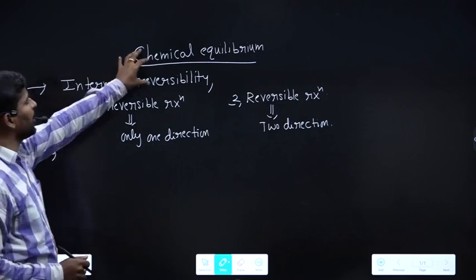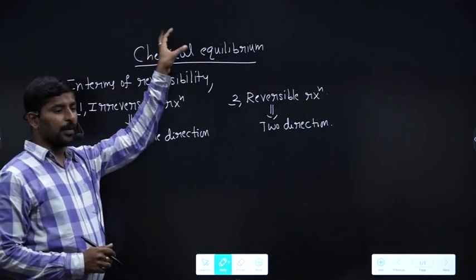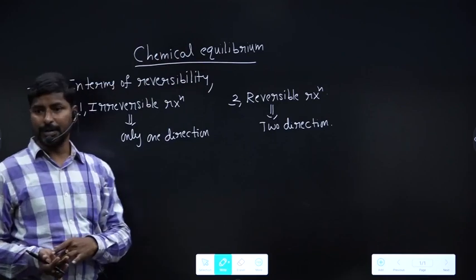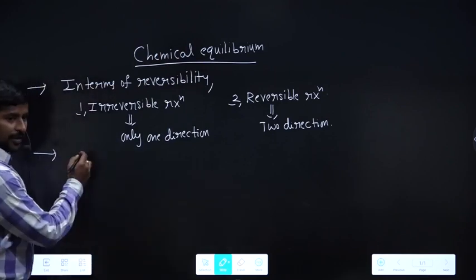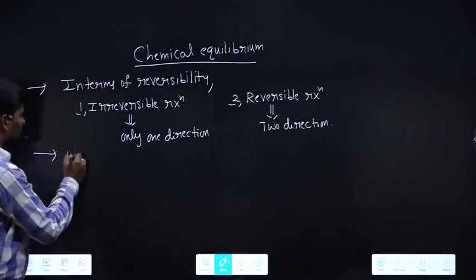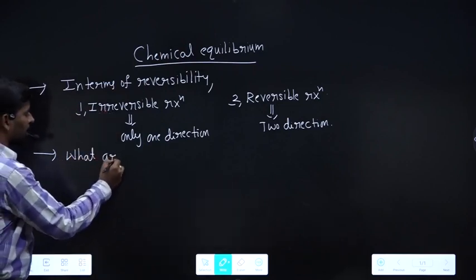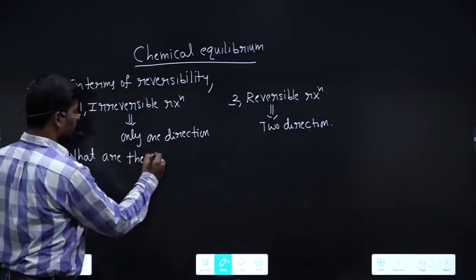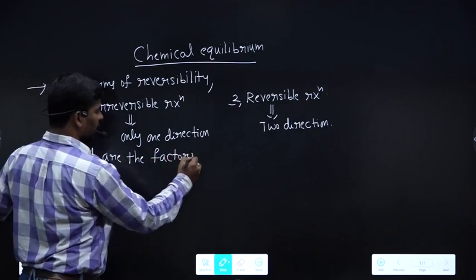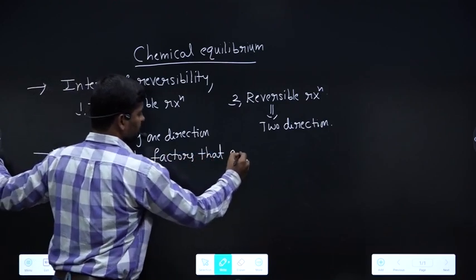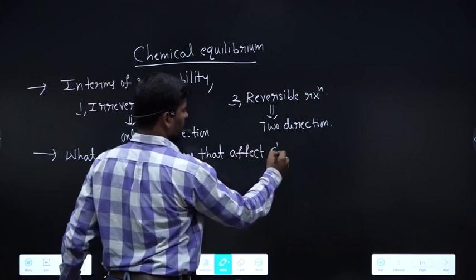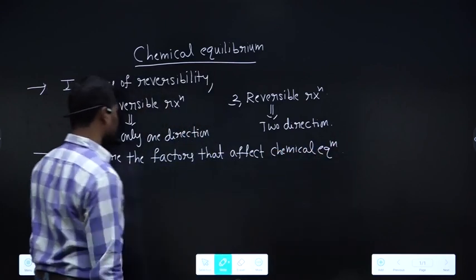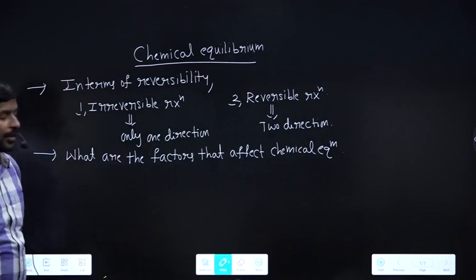By studying chemical equilibrium, what is the importance of chemical equilibrium? Which information can we get from it? We study the various factors that affect chemical equilibrium, also called reaction equilibrium.